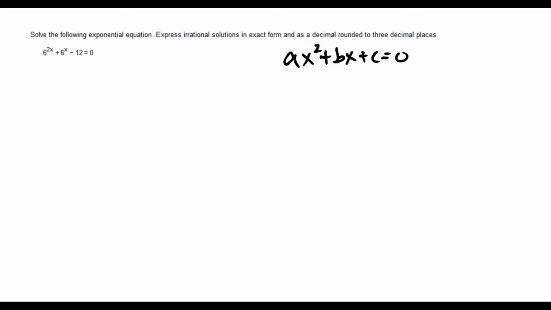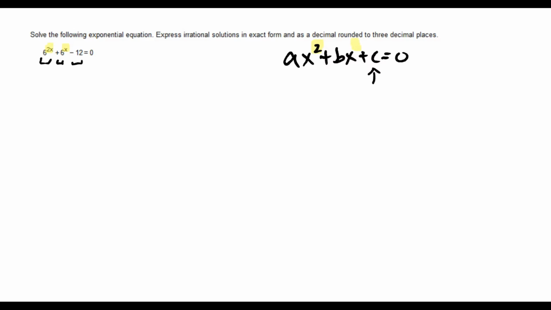The similarities to this format are that we have our 3 terms, 6 to the 2x, 6 to the x, and the minus 12. The minus 12 is like the constant. And for the exponents, we have for the quadratic a 2 and a 1 for the powers, and what we have here is a 2x and an x for our powers.